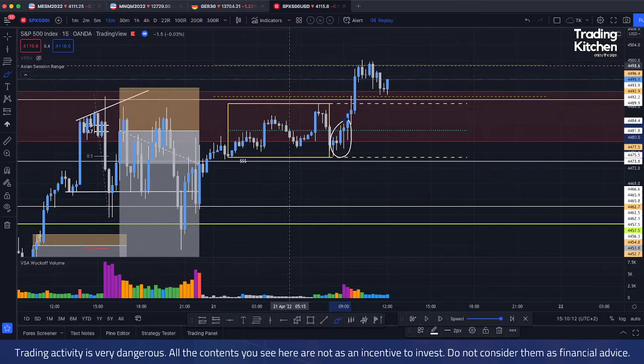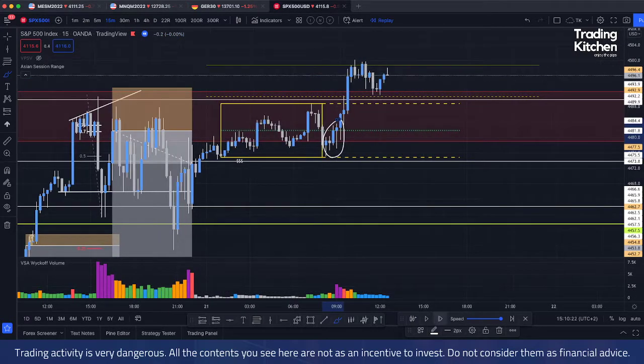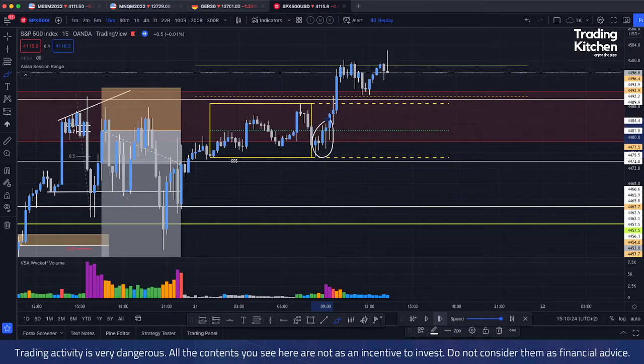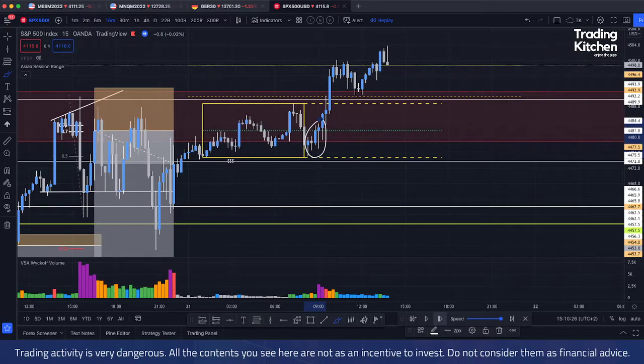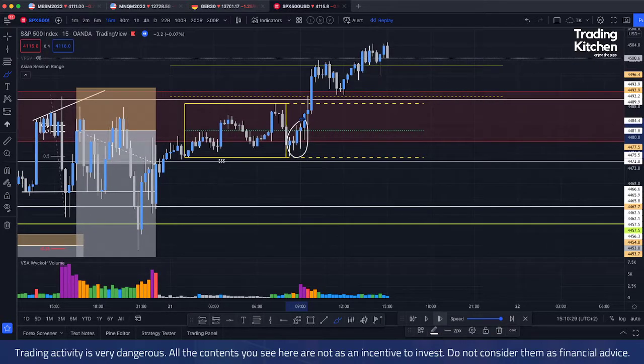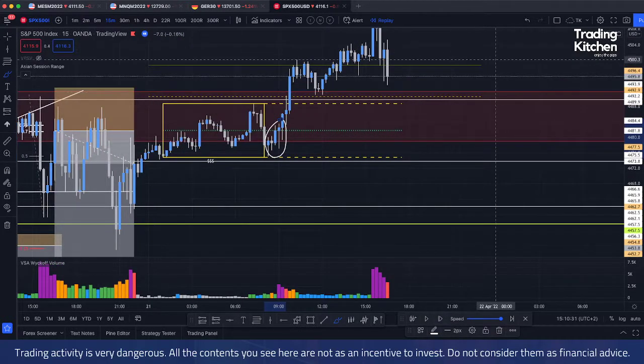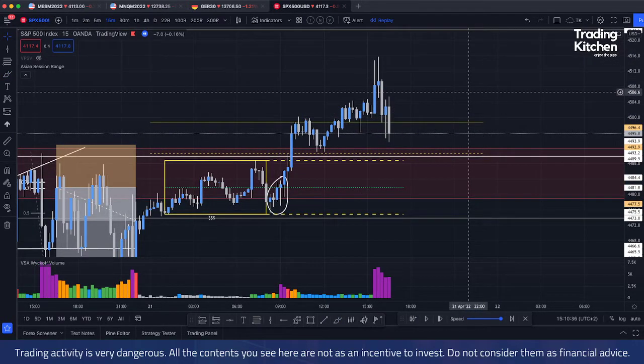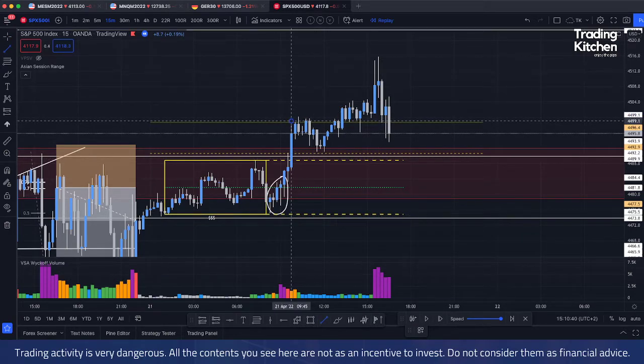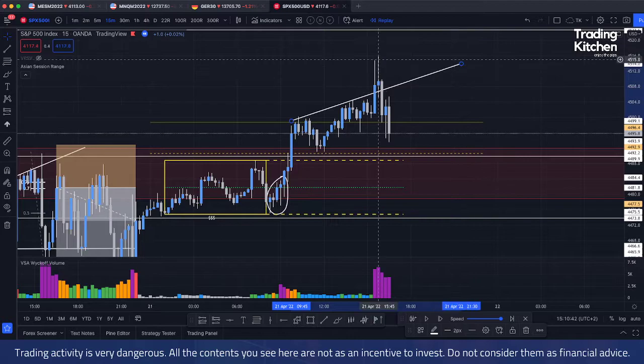Okay, so we have to wait now. We are close to the high of the week, this line, so we have to wait for a clear bearish pattern. Which is this one probably. Okay, so we have a wolf-way pattern, price re-enter the zone, broke the structure.